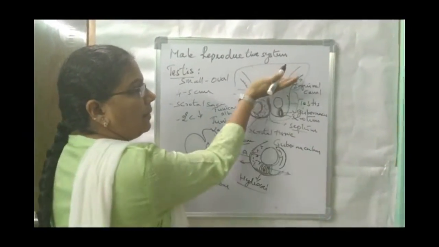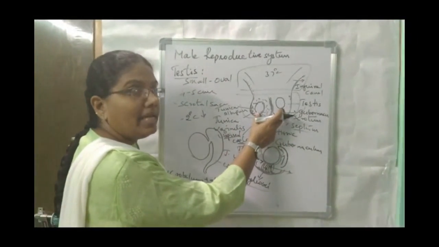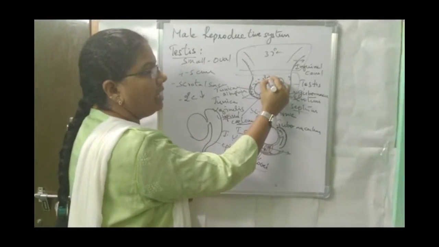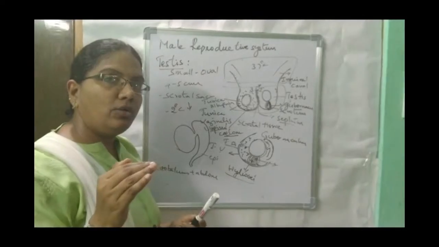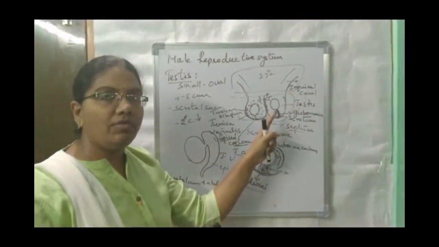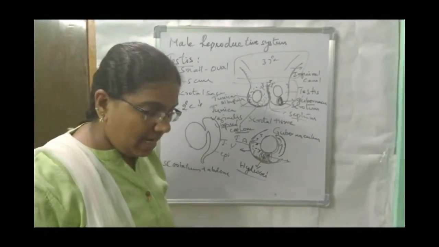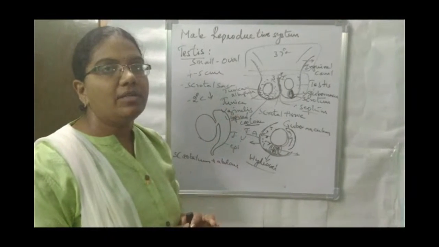The upper part of the body has a temperature of 37 degrees, but the scrotal area has only 35 degrees. There is a 2 degree decrease in temperature in the scrotal area in order to produce sperms, and this part also plays a major role in the production of sperms.